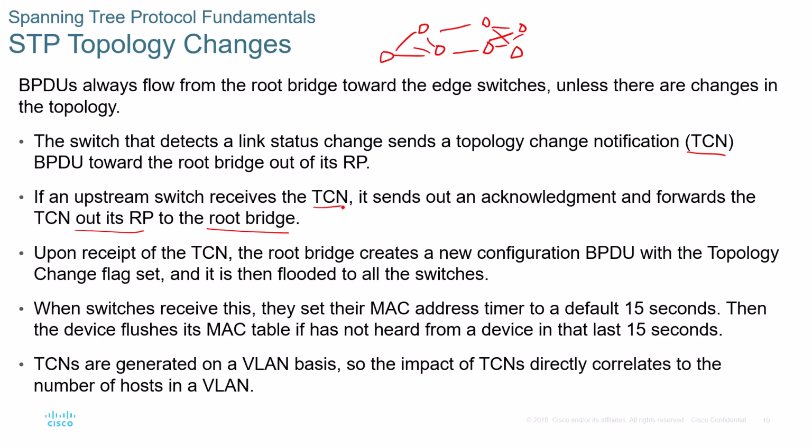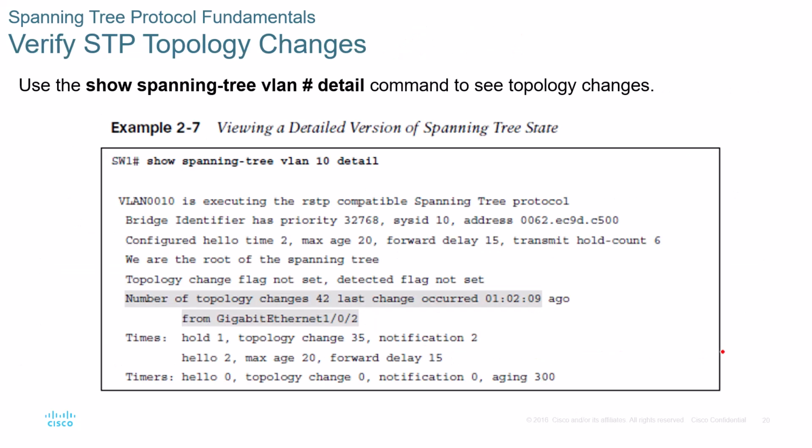Then they flush their MAC address table if it is not heard from a device after that 15 seconds. TCNs are generated on a VLAN basis, so the impact of a TCN directly correlates to the number of hosts on that VLAN. This structure is happening anytime there is a modification.